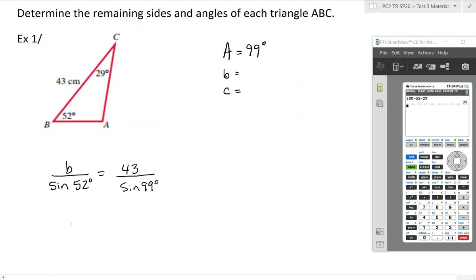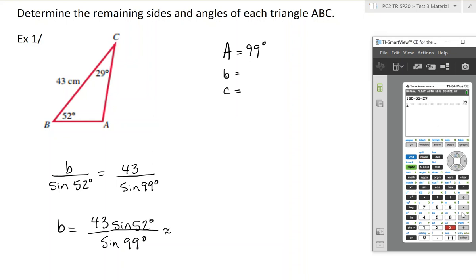Now all I have to do is multiply by the sine of 52 degrees in order to get b by itself. So b is 43 sine of 52 degrees divided by the sine of 99 degrees. And we'll get an approximation this way.